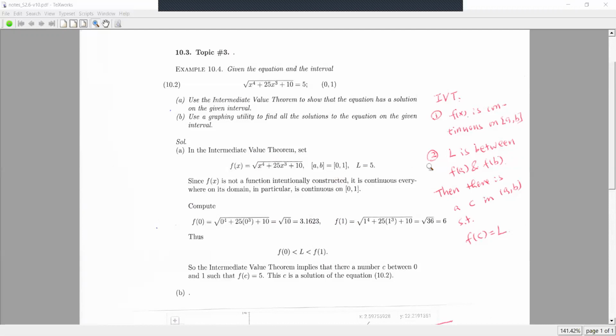So condition 2 of IVT is satisfied. Now, conclusion. Between 0 and 1, there is one point C such that function value at C is 5. And this number C is a solution of this equation.